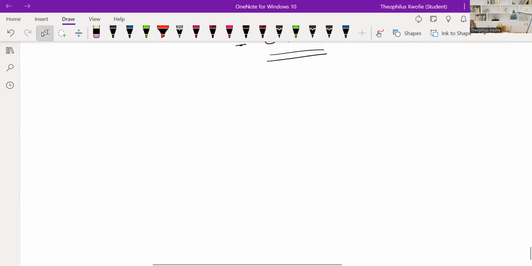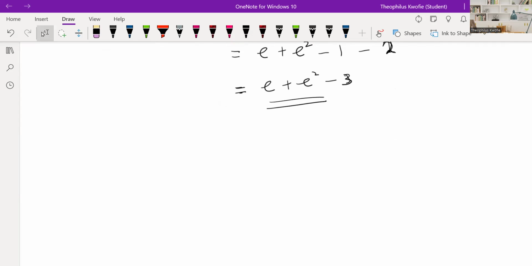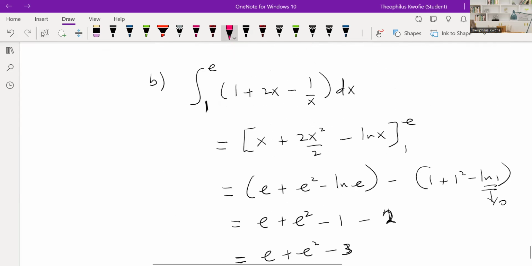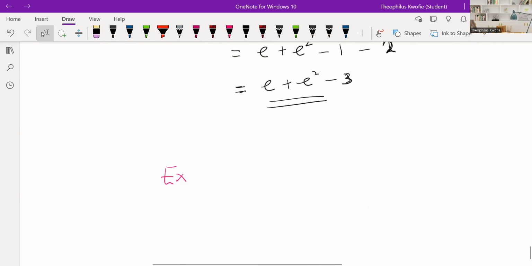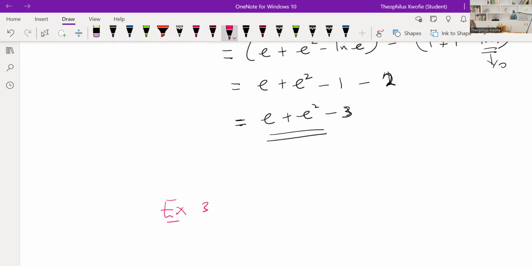There's an interesting question that I want us to look at. That should be example 3. Yeah, that should be example 3. I want us to just try it out.